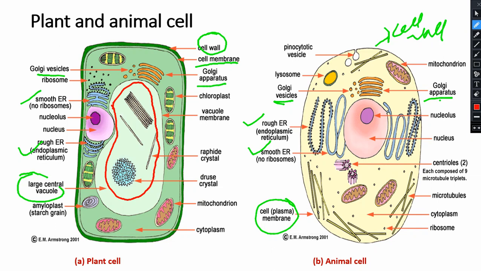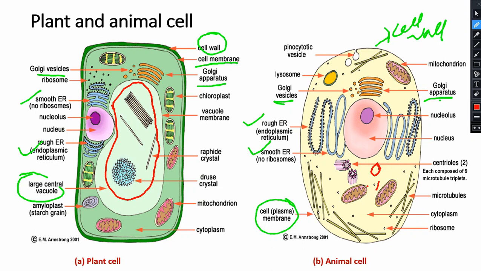Where is it? If you look at these small white circles, these are called vacuoles. So in the plant cell the vacuole is large, but in the animal cell the vacuoles are small.